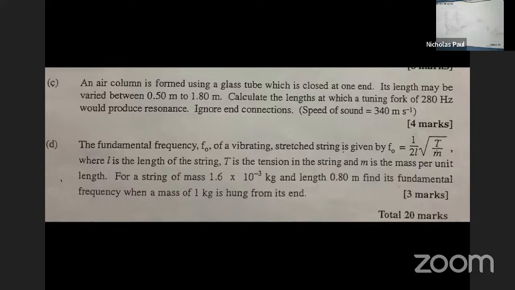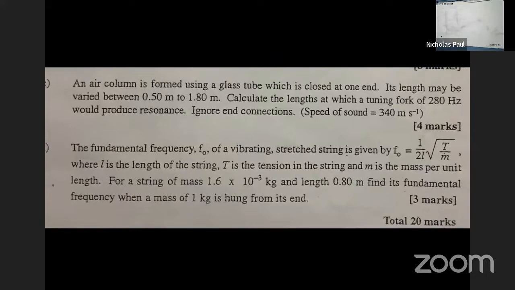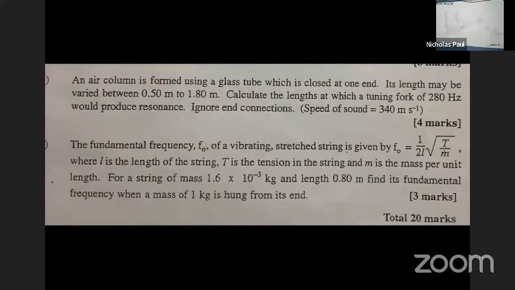So you had to figure out part C now. They want you to find the lengths at which your tuning fork will produce resonance. All they're talking about is resonance, which is the superposition of waves, your stationary waves. What you have to remember here is one end enclosed, and they give you some values there.